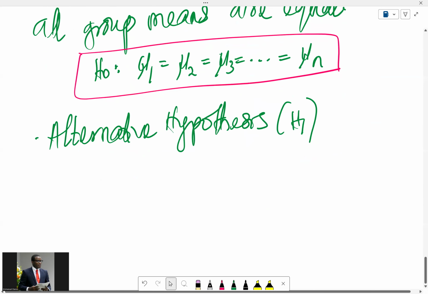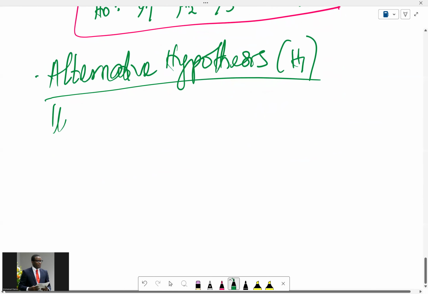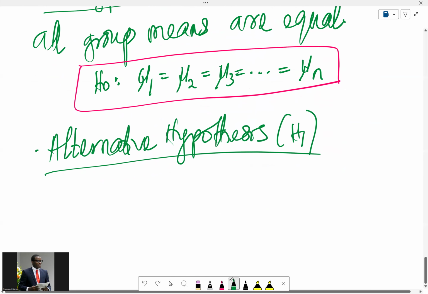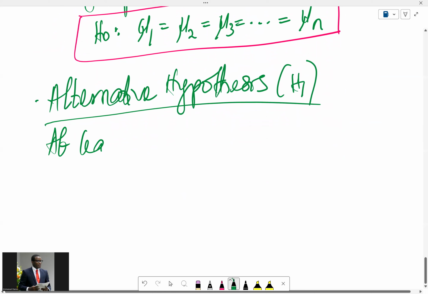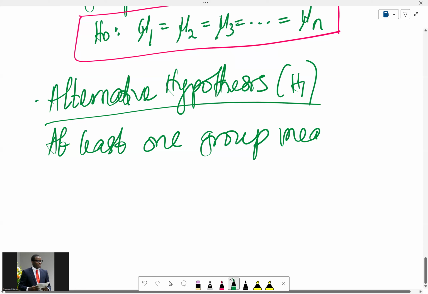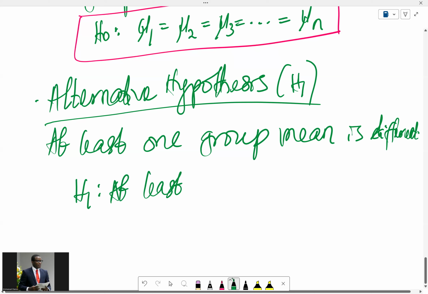The alternative hypothesis would be that at least one group mean is different, such that H1 will be that at least one mu i differs. So that is the alternative.